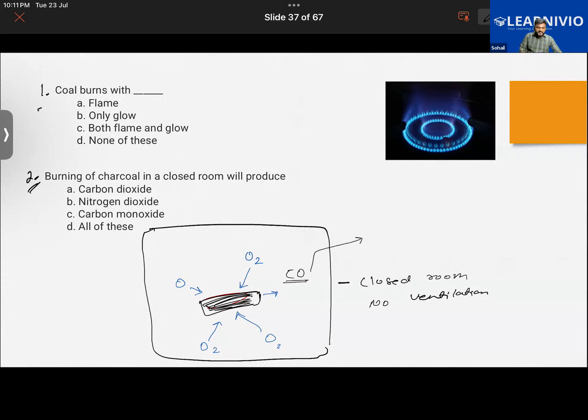What are the things about carbon monoxide I have told you? It's poison. And one more thing, it has no odor. Very good. So odorless, thereby it will go undetected. You won't be smelling it, hence it goes undetected.